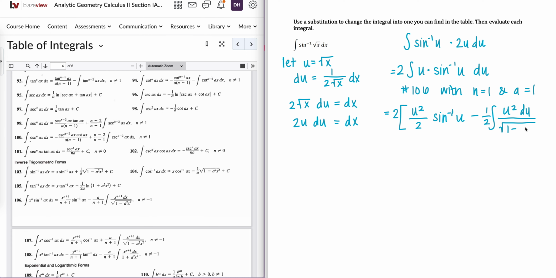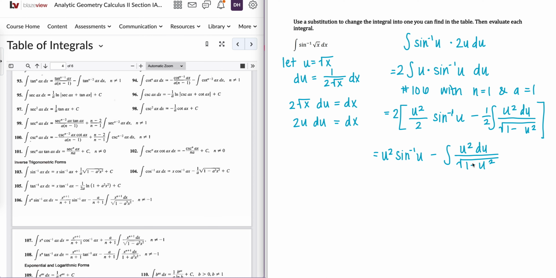So 1 minus u squared. That 2 that we had in front is going to get rid of the 2's in these two denominators. So I have u squared inverse sine of u minus, and we're going to integrate u squared du over the square root of 1 minus u squared.